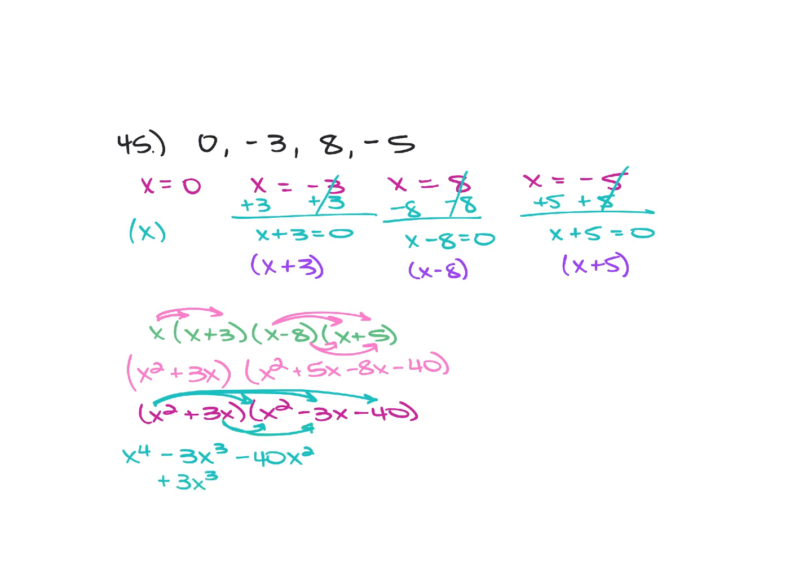Then 3x times negative 3x is negative 9x squared. And 3x times negative 40 is negative 120x. We just combine like terms here, and this gives us x to the 4th power minus 49x squared minus 120x.